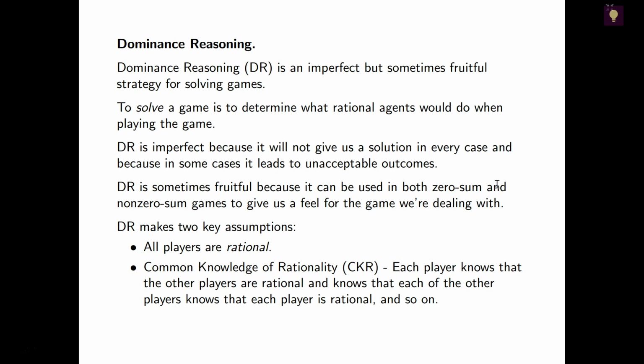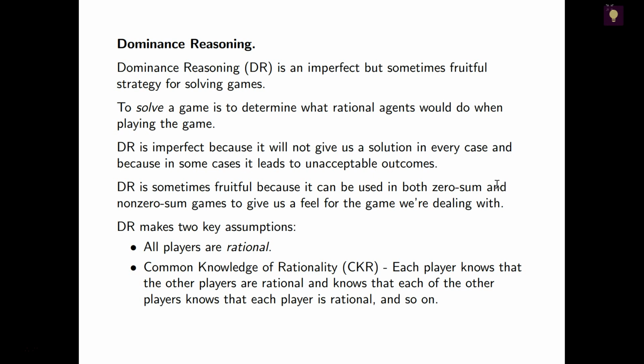DR is sometimes fruitful because it can be used in both zero-sum and non-zero-sum games to give us a feel for the game that we're dealing with. It can help us to see how players themselves might think through the possibilities within the game, might think through their strategies. DR makes 2 key assumptions. It assumes that all players are rational.